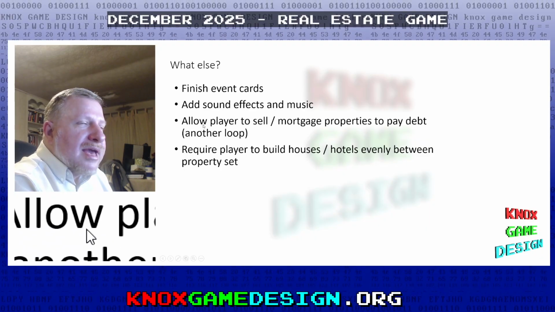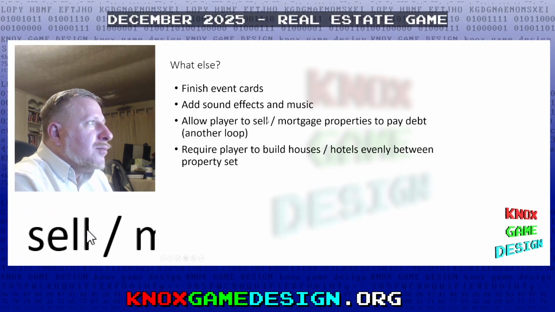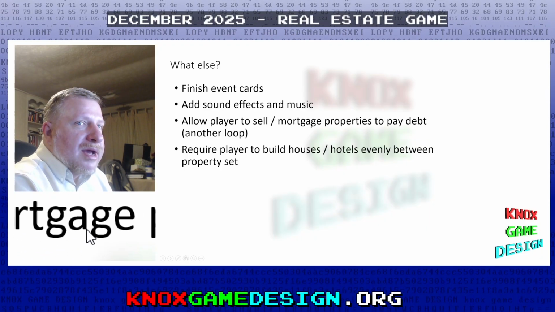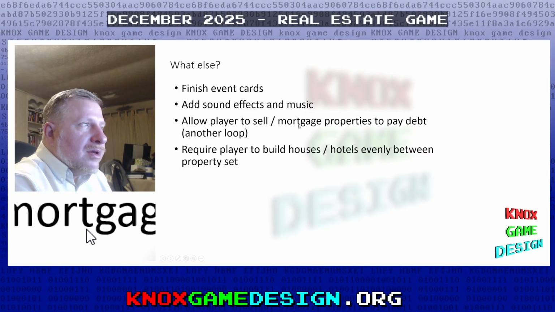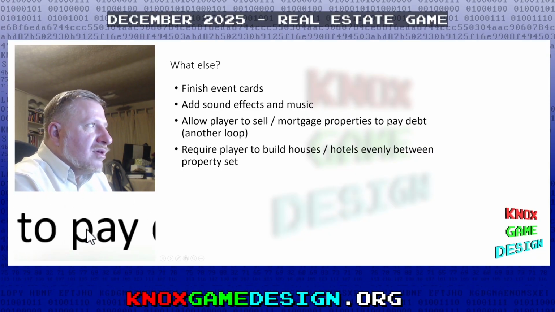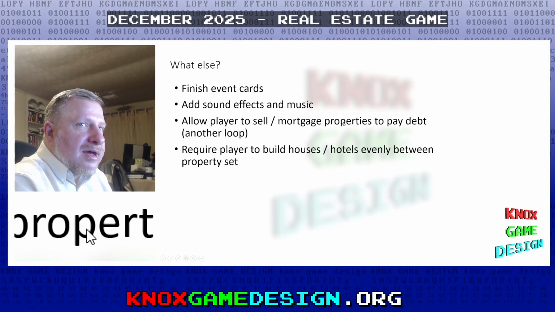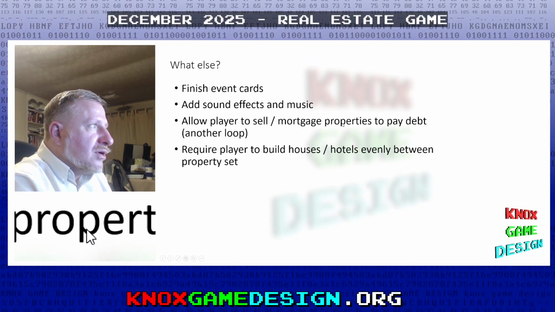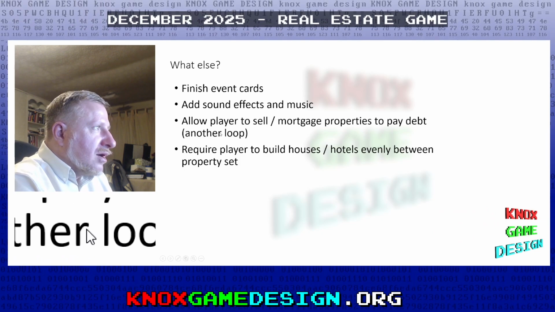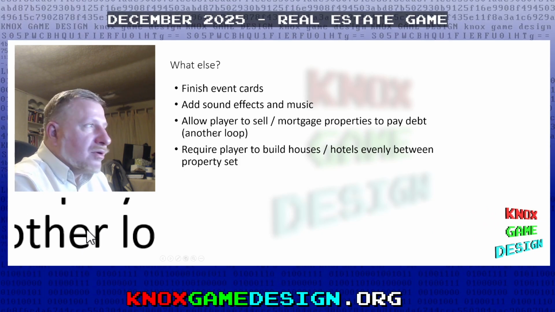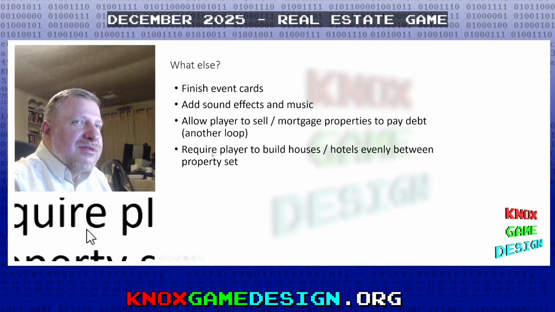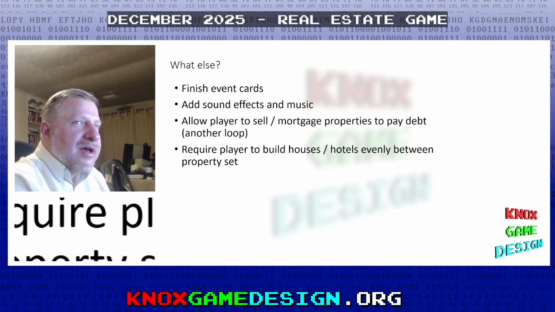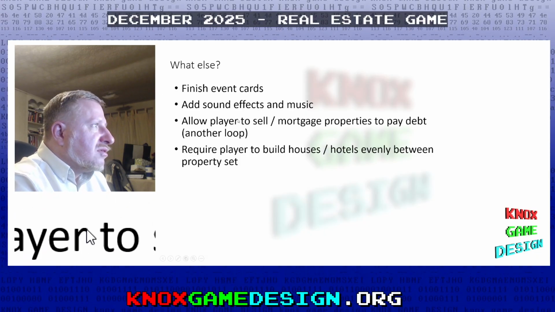Currently, if the player is out of money, they're automatically eliminated from the game, but really you should allow the player to mortgage properties and sell houses to get back above 0. That would require a loop to allow the player to do that. And also, you're supposed to build houses evenly between a property set. I don't have that condition currently set in the game.